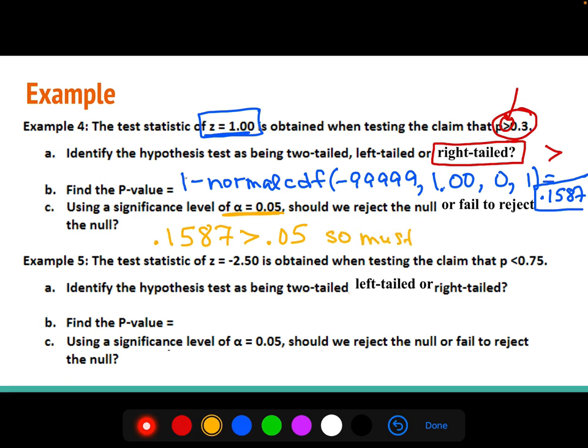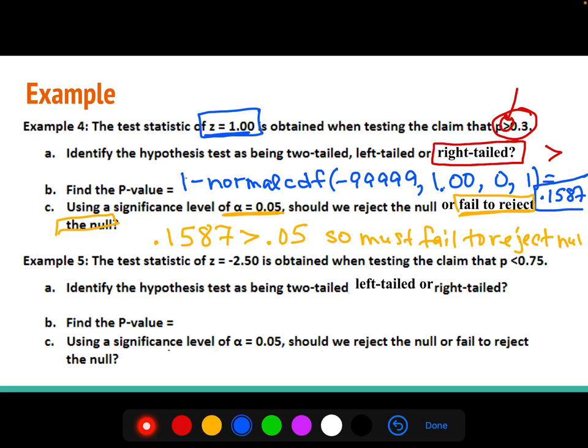So we must fail to reject the null. So this is our answer, fail to reject the null. Because it is true. We're failing to reject, and though we never say it, we're basically saying that the null is true.